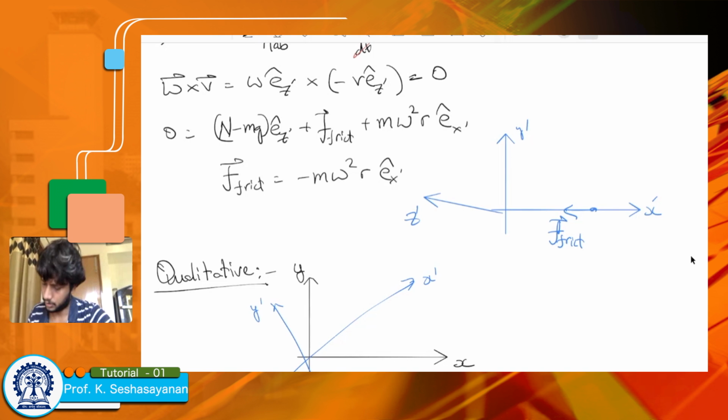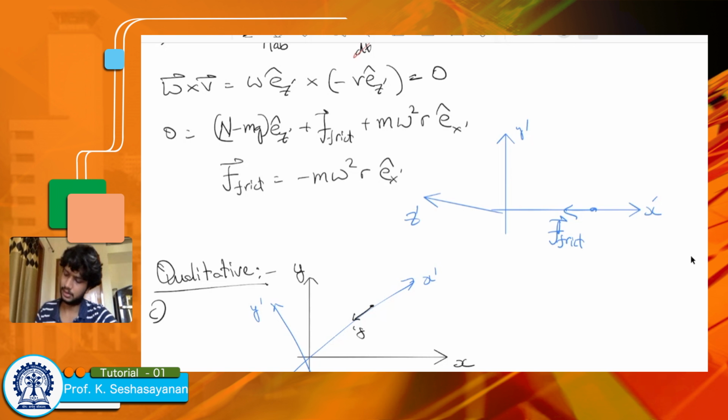So we'll go to part C. We found that there's a frictional force which is acting along Ex prime hat, but in the minus direction. So it's coming towards the center. For the C case, this F prime, the frictional force, if we look at it in the inertial frame, is the force which is responsible for the centripetal acceleration as the ant goes around.